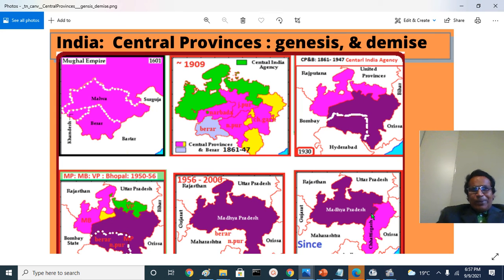So we discussed the genesis and demise of the Central Provinces. Central Provinces, with the core as Bhonsle Raja's territory containing Nagpur and Chhattisgarh, was formed in 1853. That means the princely state of Nagpur Chhattisgarh became Nagpur Province, administered by a commissioner.